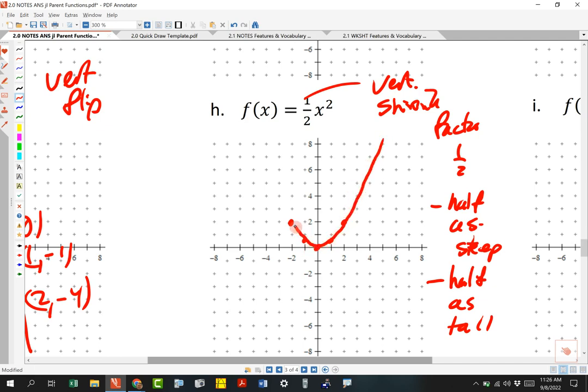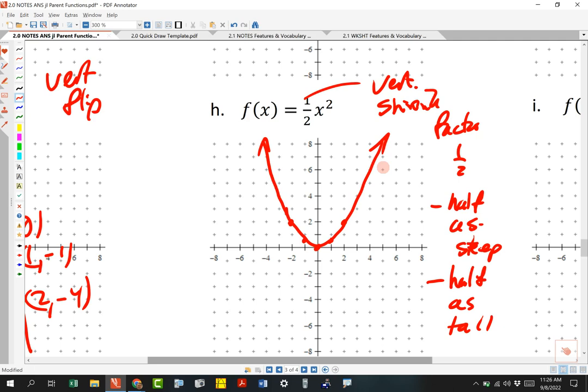It looks a little bit different. And it is really tempting for people to look at this and say this. Look up here, please. Pause. Just pause for a second. Mrs. Blas, it really did this. It went like this. But this would be a horizontal motion. If you say it got wider, that's not really what happened to the function, because what happened is we plugged in a 1, we got out a 1 squared, and then we multiplied it by a half.